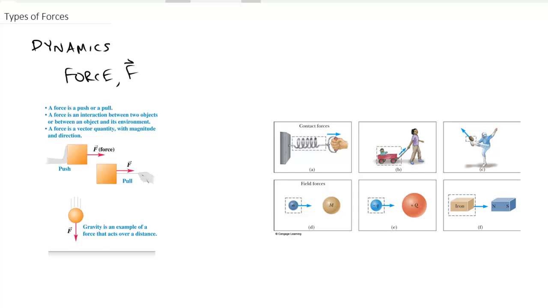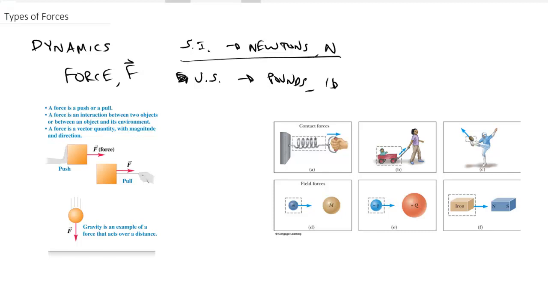The SI units, the metric units, are newtons, which we denote with a capital N, and in the English units, or the US customary units, the units are pounds. The abbreviation for pounds is LB. So force, vector quantity, we'll typically use newtons as its units. We'll stick with the metric system mostly.